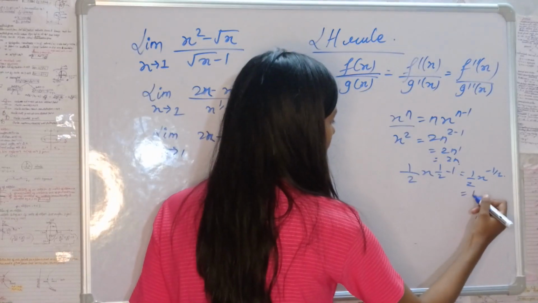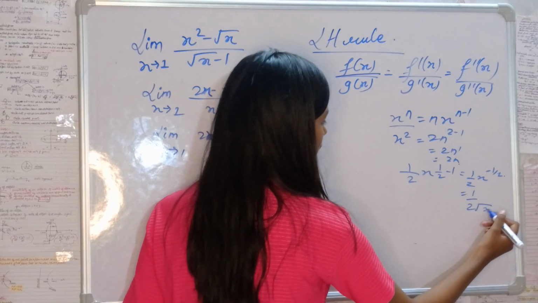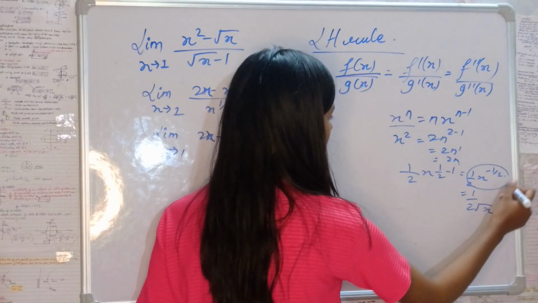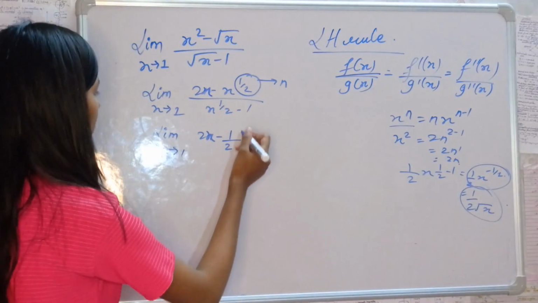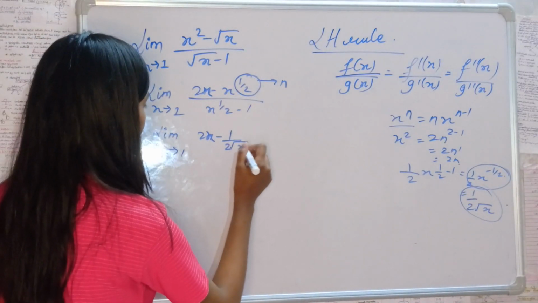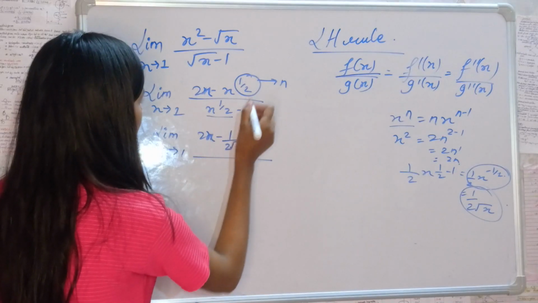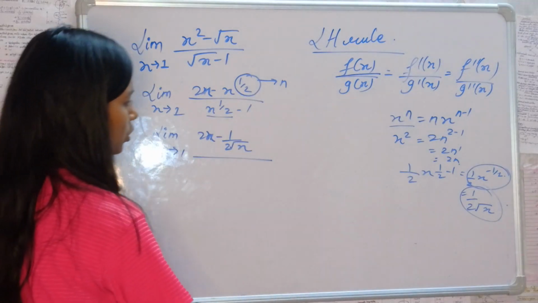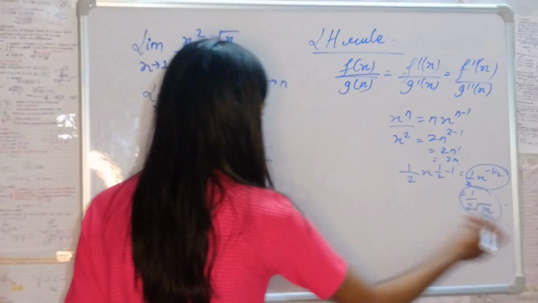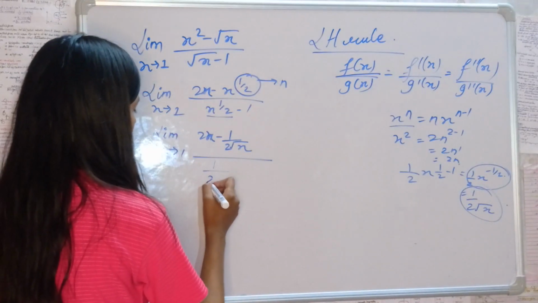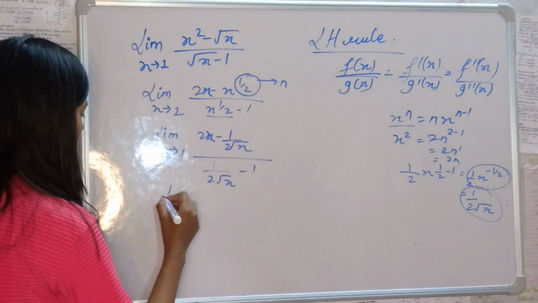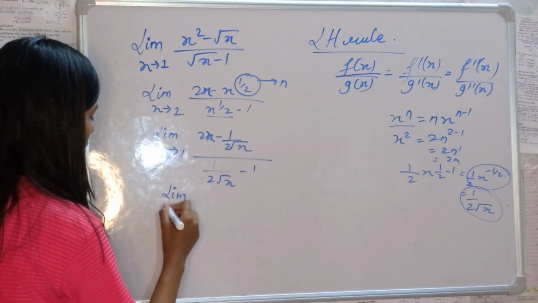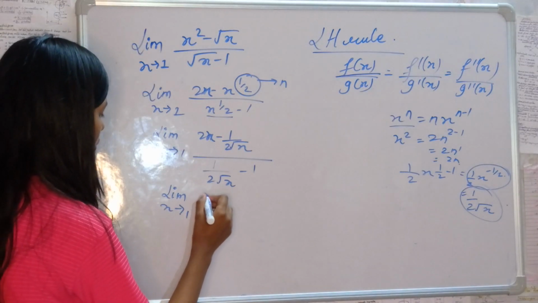Now you could write it in this form, 1 by 2 under root of x, because both of them are similar. So we could write under root of x upon, now this is the same as this one, so we don't need to differentiate again, we have to just put it over here, 1 upon 2 under root of x minus of 1.